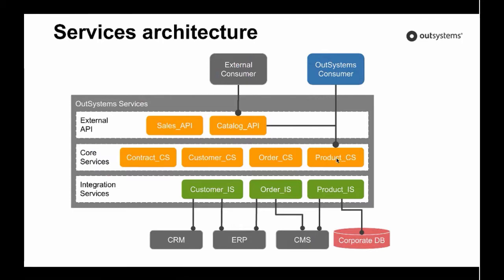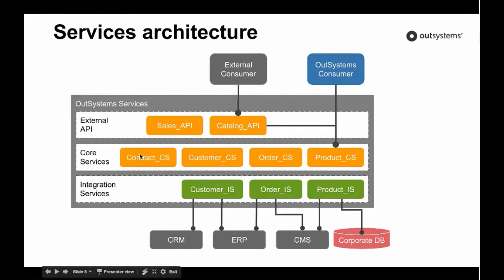But these are system agnostic. So I don't want to build logic here that depends on external systems, the way I need to expose this to external consumers or the way I consume it from external producers. So basically, the idea is to have two extra layers, one to expose APIs to the external world and another one to integrate with the external world.